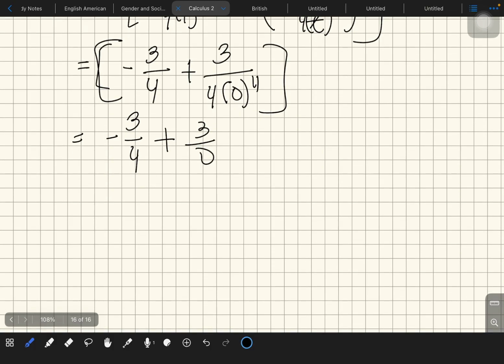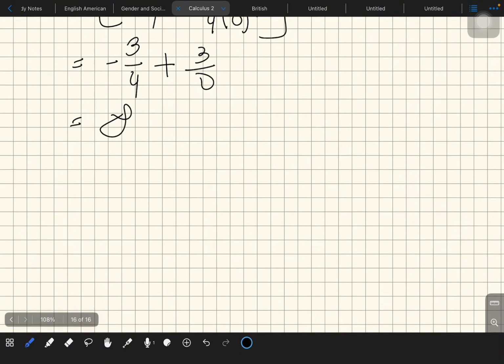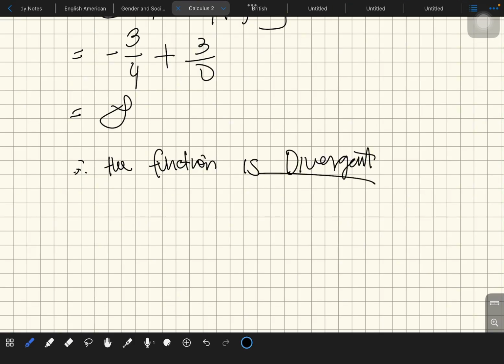Negative 3/4 plus 3 over 0 is infinity. So therefore the function is divergent because the limit does not exist.